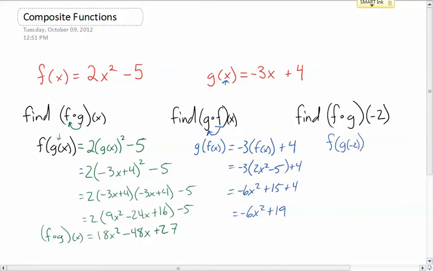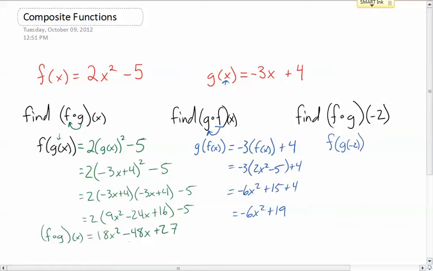The other way to do this is to do g of negative 2, so put negative 2 in right here, work it out, and then plug that in for x in f. Since we've already done f of g, that may or may not be easier. So I'll just do it both ways and show you how it works.